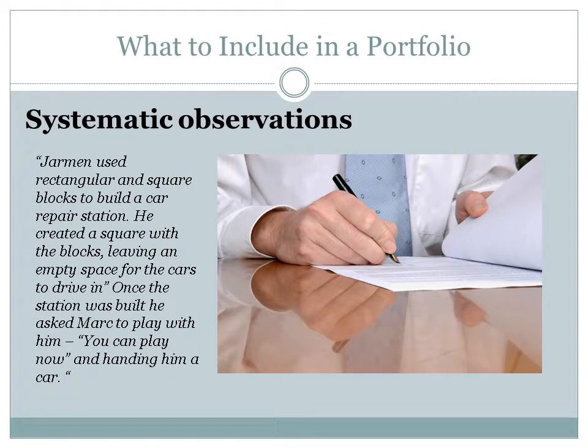You might also want to include your systematic observations, such as anecdotal notes and running records. The portfolio can be a great place to organize that information that you collect about children. However, you'll have to consider the confidentiality piece here.